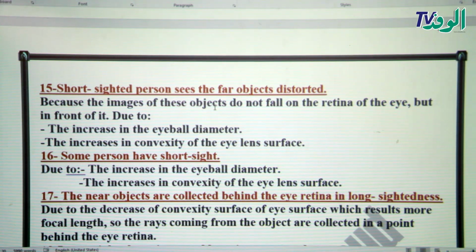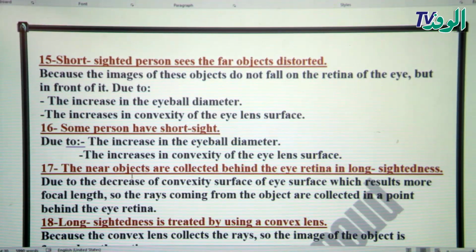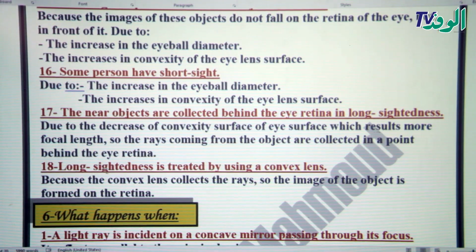Because the image of the object does not fall on the retina of the eye, but is formed in front of it, due to an increase in the eyeball diameter or an increase in the convexity of the eye lens surface.